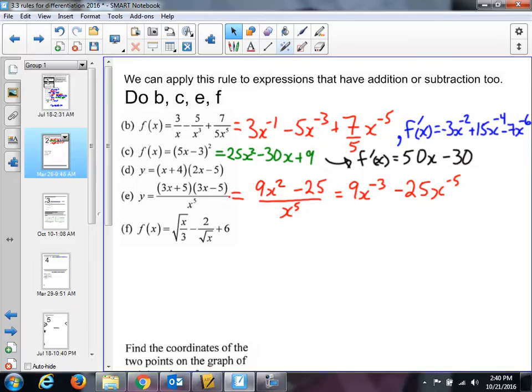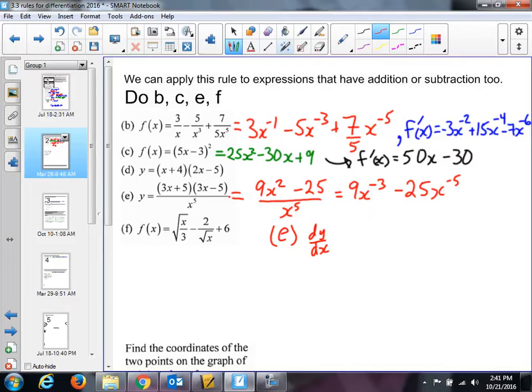So I'll continue on with E right underneath here. dy by dx. I'll let you guys tell me in a minute. If we put y prime, I'm fine with y prime.